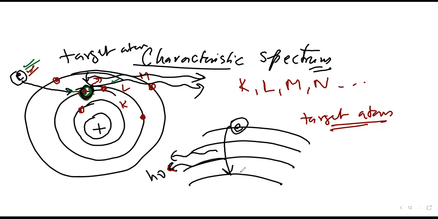There is one more interesting thing here. For characteristic X-rays, we normally denote them using some notation, right? So it's like this: if the original inside electron was initially in the first orbit and the outside electron strikes it, it removes it.